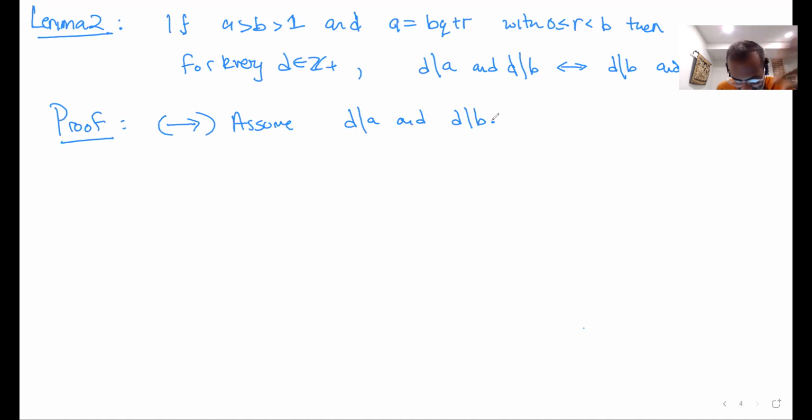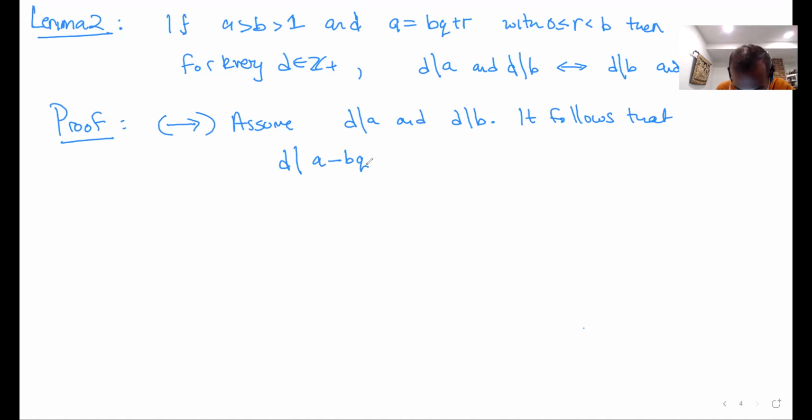I'm going to use this fact about divisibility that we proved in the last lecture. So it follows that D divides A minus BQ, right? Because D divides A, D divides B, that implies D divides BQ, that implies D divides A minus BQ.